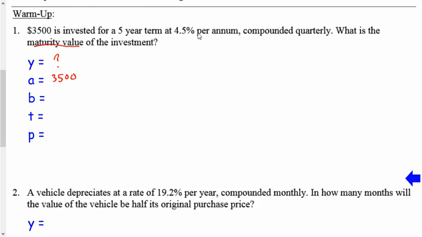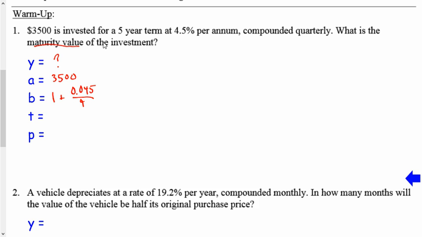4.5% per year, but it's compounded quarterly. So our growth rate will keep the 100%, and we're going to add that 4.5%, but we need it as a percent interest per quarter, so we want to divide that by 4. So this will be our b value in the equation.